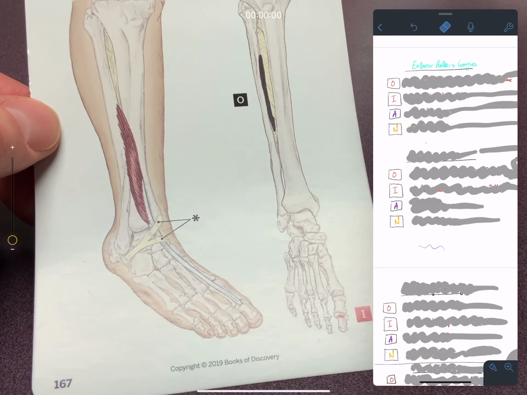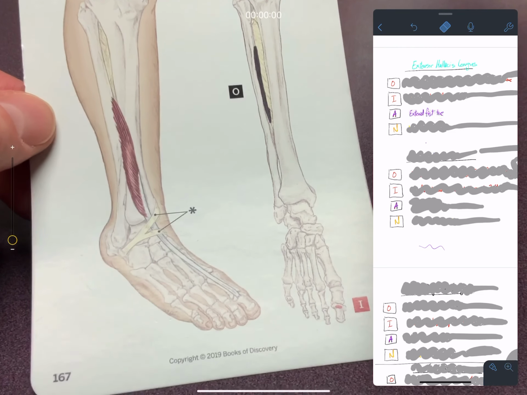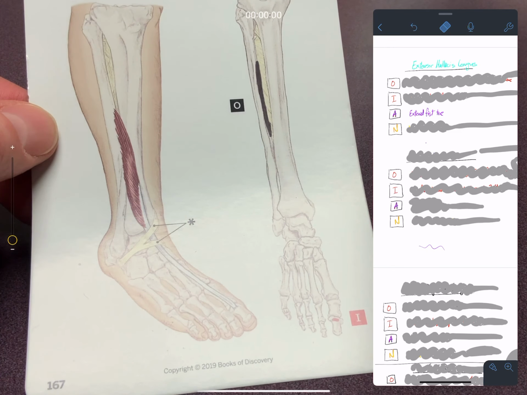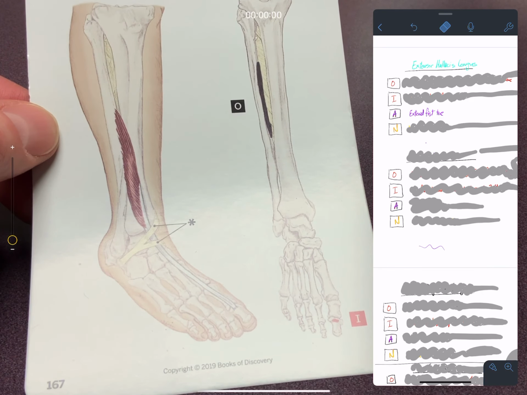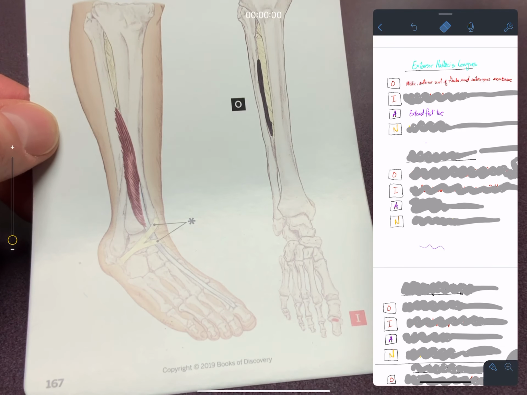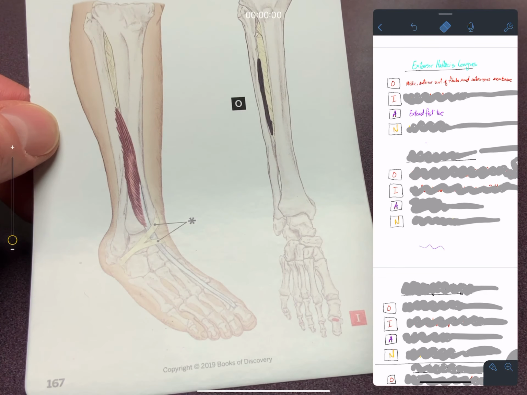Extensor hallucis longus. Its action is to extend the first toe. Its origin is, I'm going to say, the middle anterior surface of the fibula and interosseous membrane.